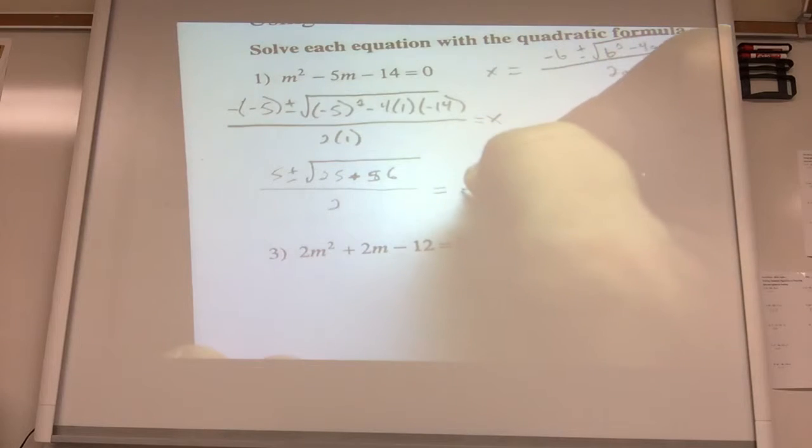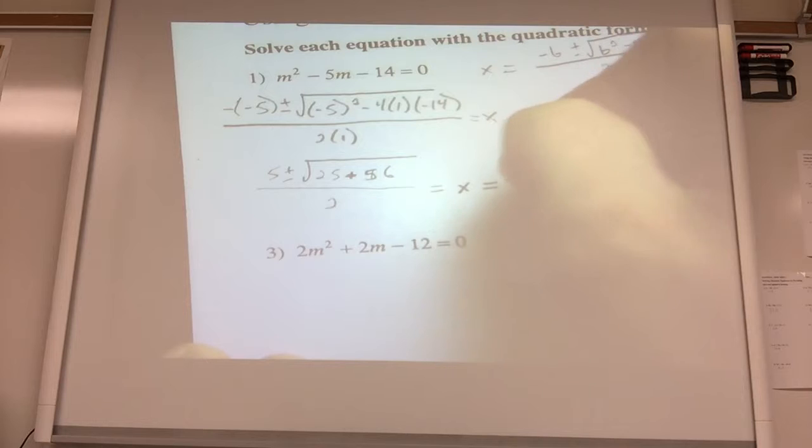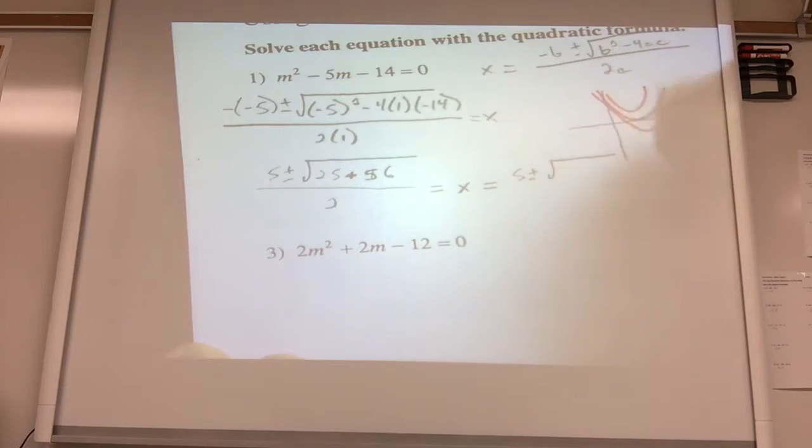So that equals x. I'm going to go ahead and keep simplifying. So 5 plus or minus the square root of 25 plus 56, that should be 81, over 2.